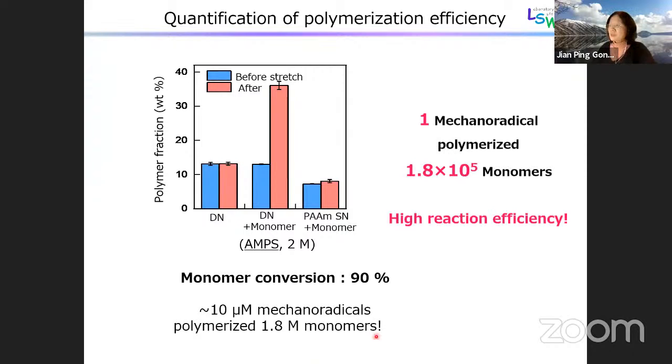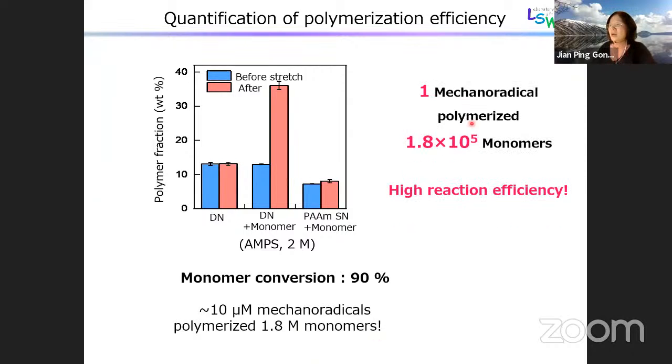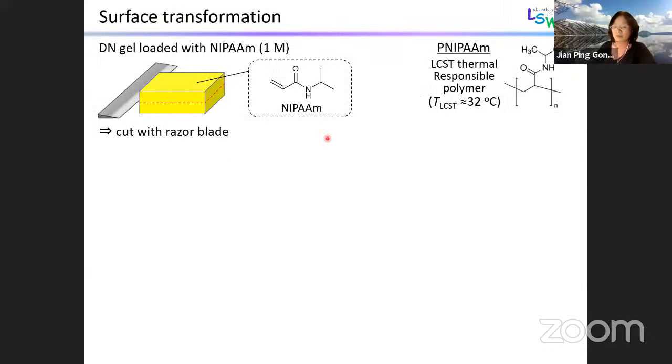So that means one mechanophore on average can polymerize 1.8 times 10 to the 5 monomers. So it's a huge amount. So this is really a very high reaction efficiency. With this kind of high efficiency, we can check whether the property of the gel can be changed or modified.